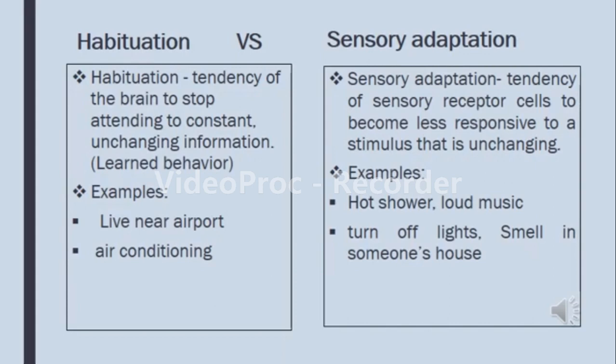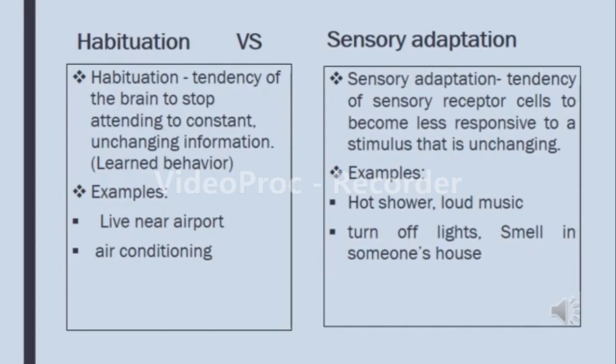But in sensory adaptation, the sensory receptor cells are involved, and they respond to the continuous repeated stimuli, and sometimes they stop responding if a similar stimulus is repeated continuously. It is a form of learning.